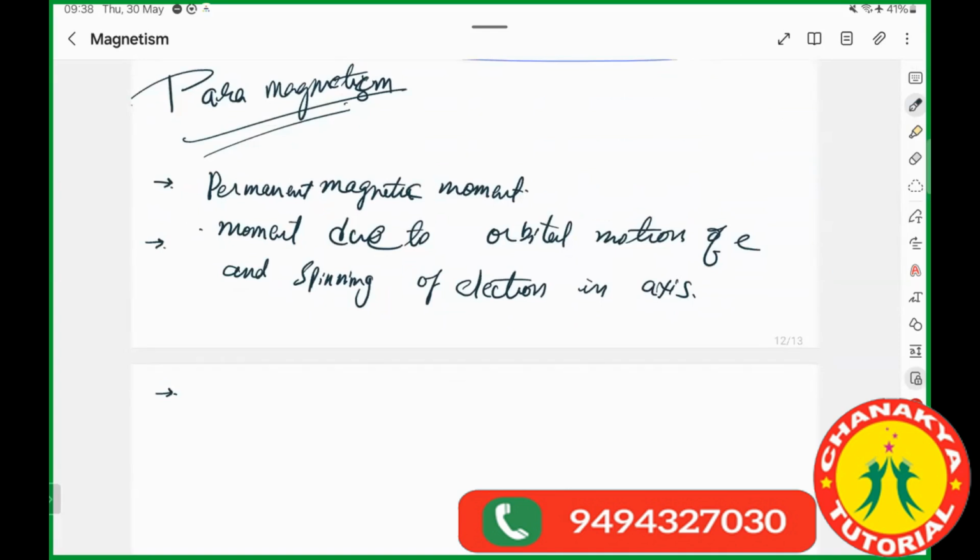So in paramagnetic substances, the inner shell is not completely filled. So there will be some net moment, since they have more spinning moment. So they will have some permanent magnetic moment, little, not so much, but there will be some, as we have written in the first point.